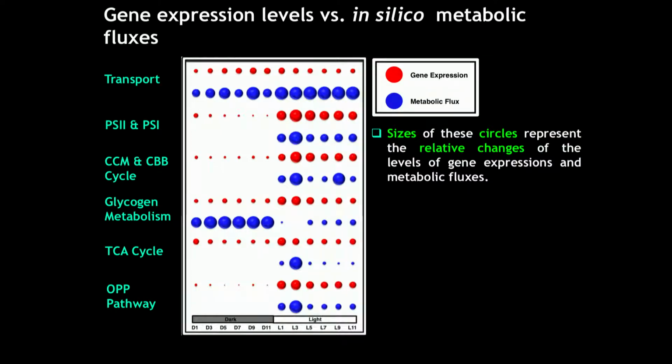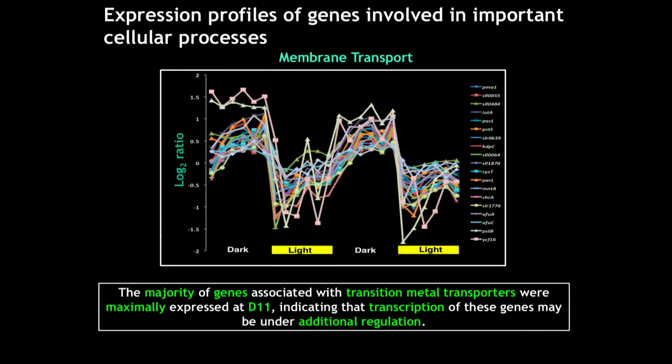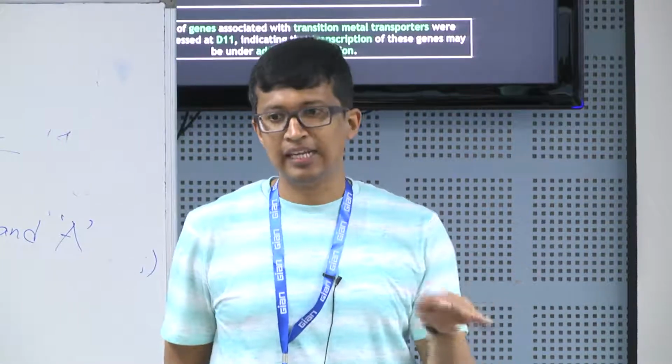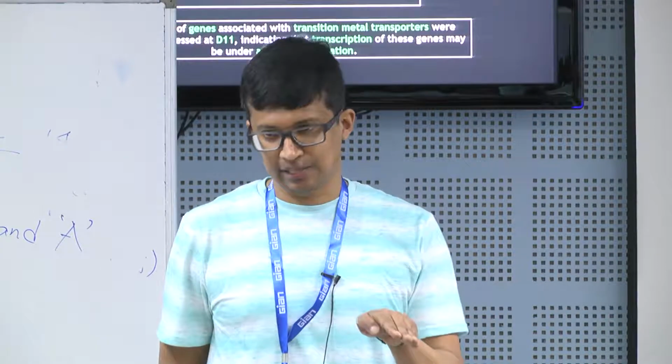So we didn't stop our analysis at the gene expression level. You have a question? Yeah, go ahead. How does it know when it will be the end of the dark phase? Okay, that's a very good question. We trained it for 7 days.